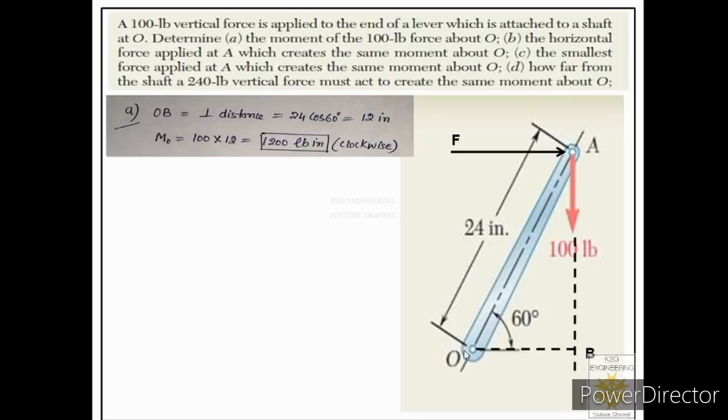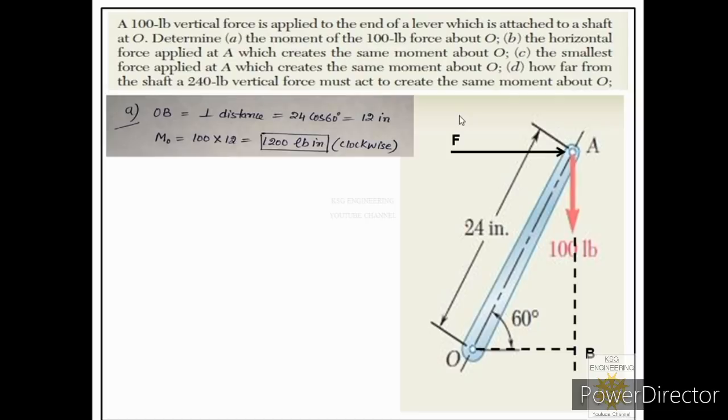He is saying the same moment we have already calculated. So in the formula M is equal to FD, we know M for the B part and we have to find F. And if we can find D, that is the moment arm for this particular force, then from the formula M is equal to FD, we can easily find F.